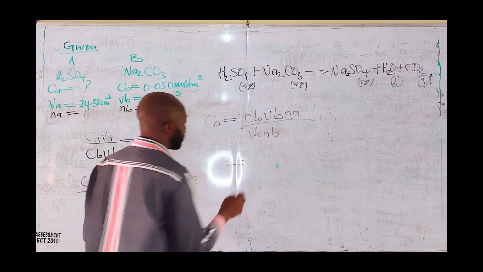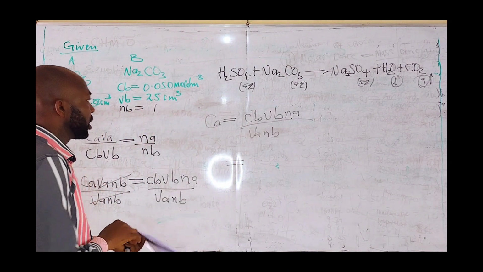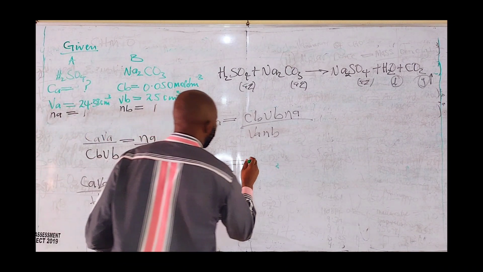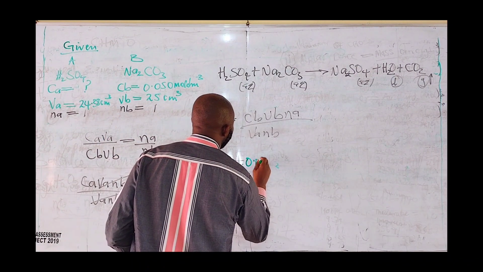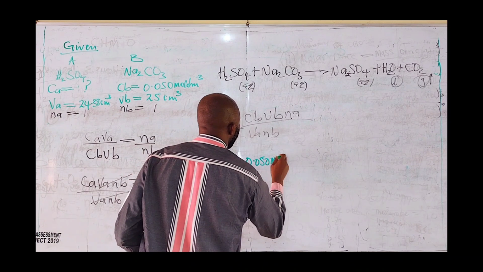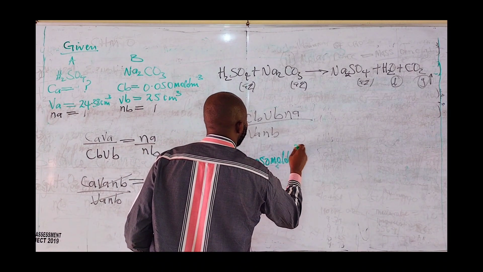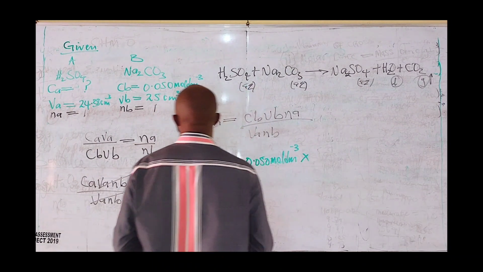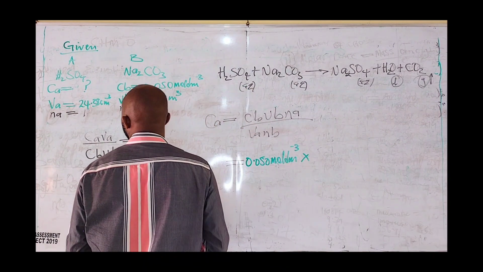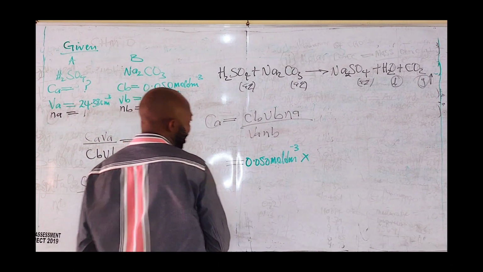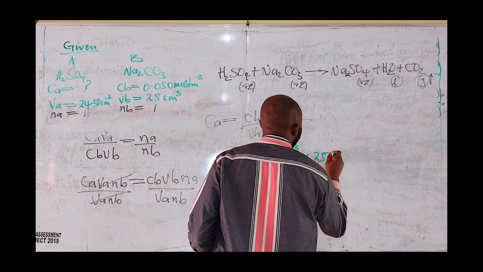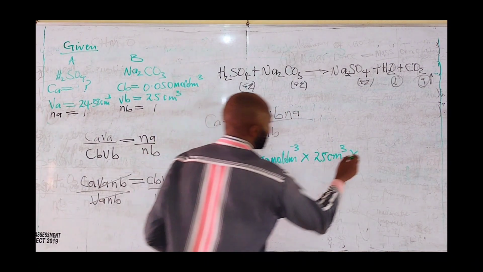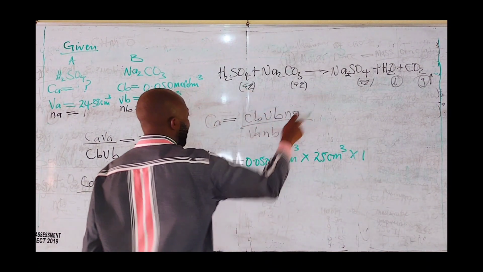Now what is the concentration of the base? It was given to be 0.050 mole per dm cube, times, what is the volume of the base? VB is 25 cm3, times, what is the number of moles of the acid? We have it 1 from the equation of reaction.